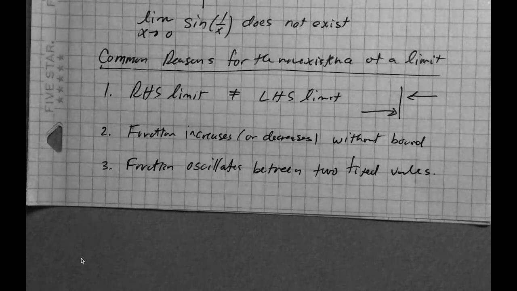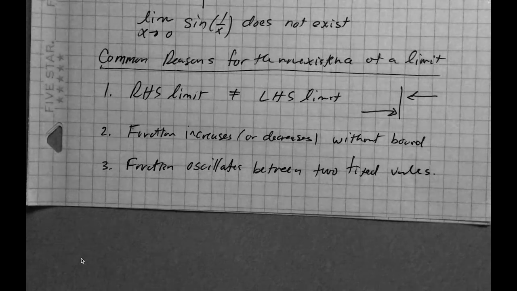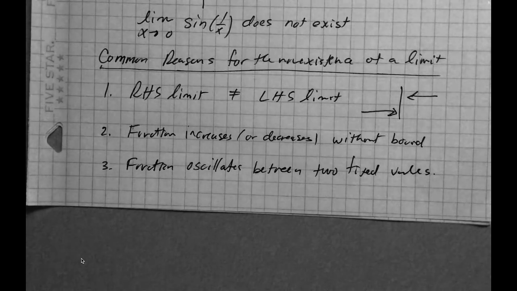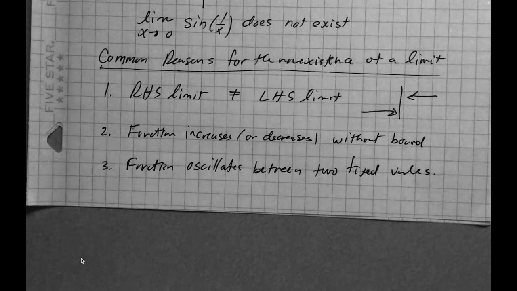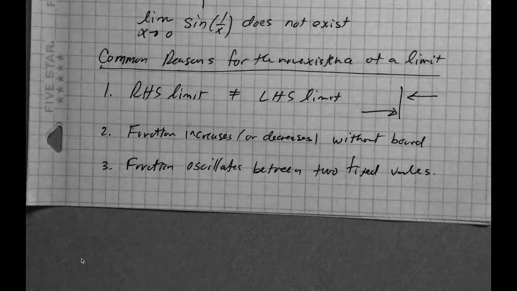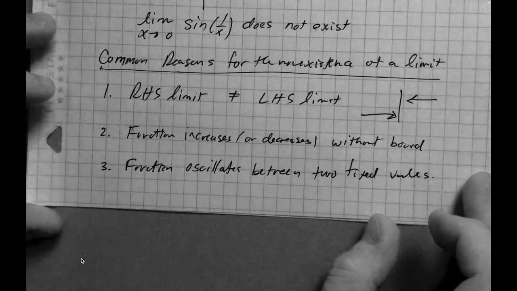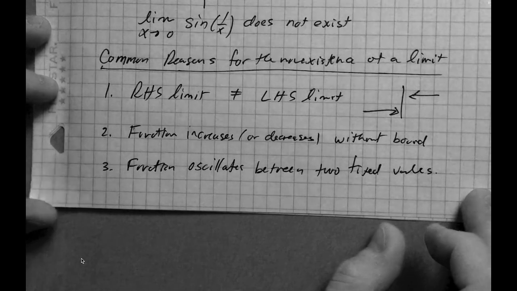But if the values that you're oscillating between tend towards a third value, then you might have a limit that actually does exist. So those are the main reasons why a limit might not exist.